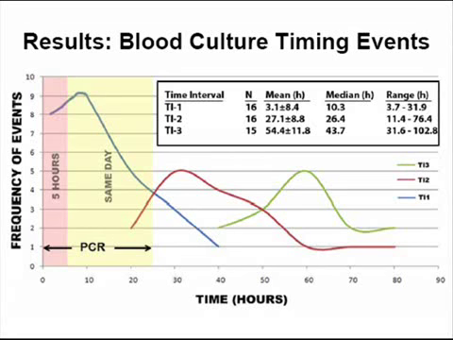The red shows the time from speciation results to qualitative differentiation of the actual organisms, and the green curve shows the time of speciation to the minimum inhibitory concentration, that is, the drug sensitivity results.